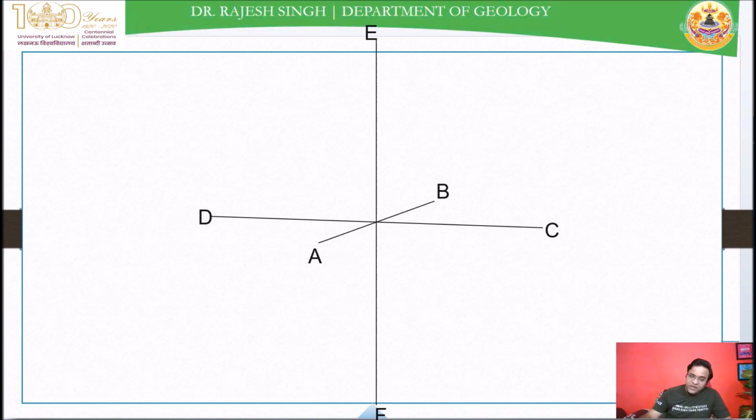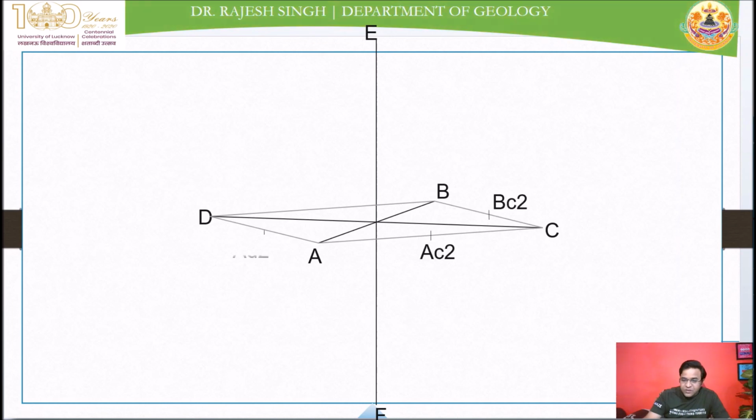In the first method, you have to join the endpoints of the A1 and A2 axes. So join the endpoints. Now determine the midpoints of the lines AD, AC, BC, and BD. Mark the midpoints.